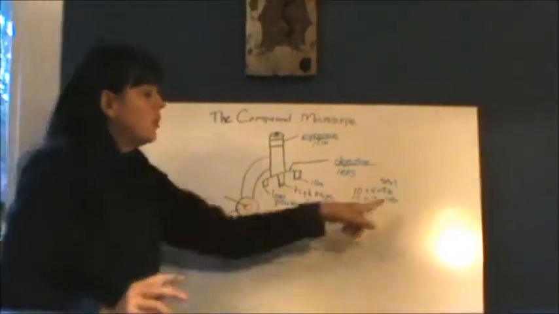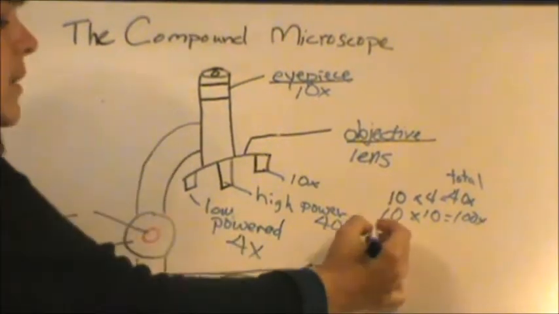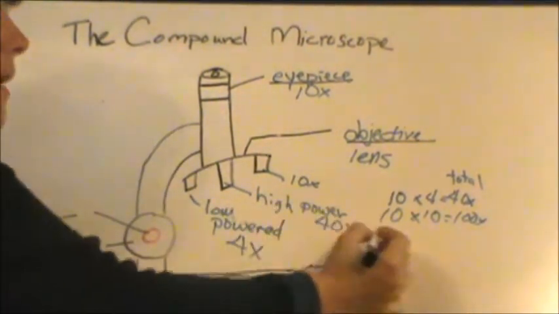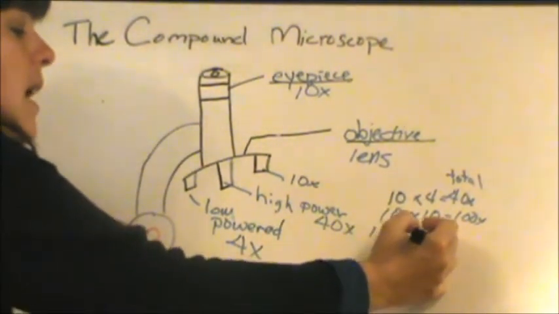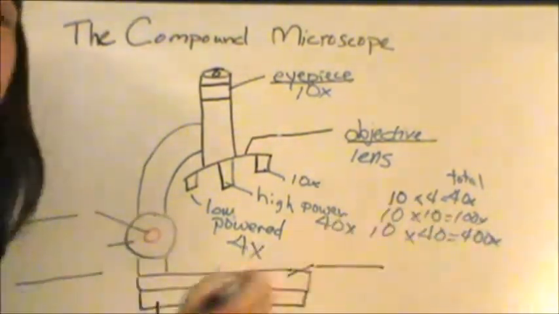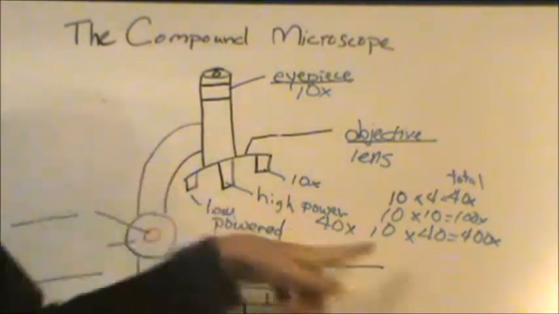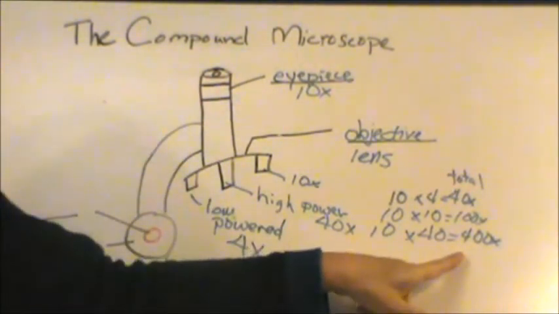Okay, so that is the total magnification right here. So the next part is if you're using the high-powered lens, and that's 10 times 40, which is the maximum magnification we get with our compound microscopes that we use here at the school, 400 times magnification.